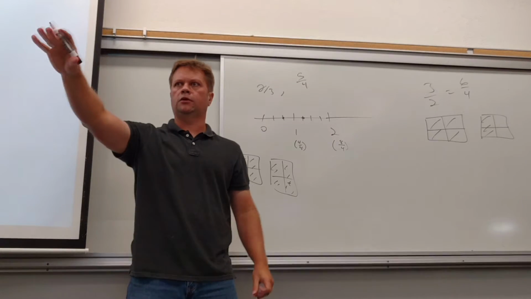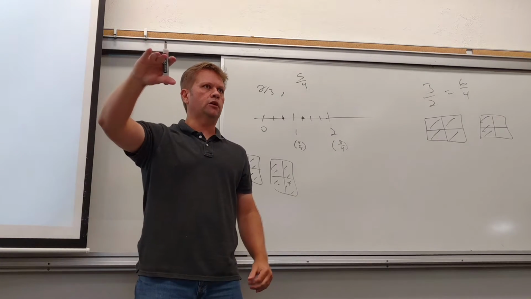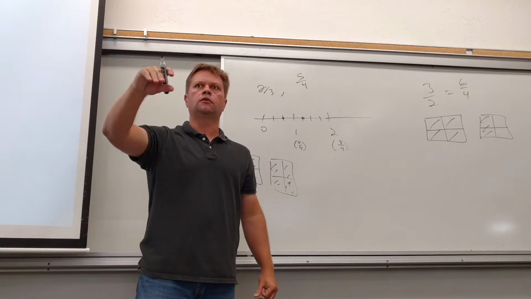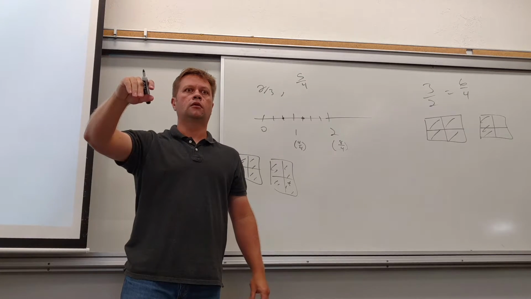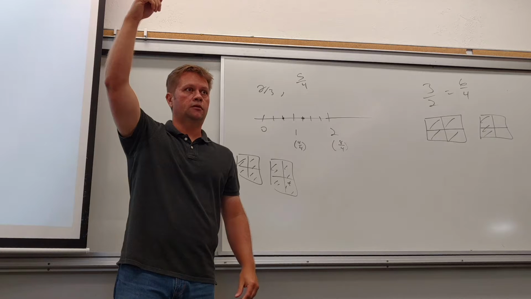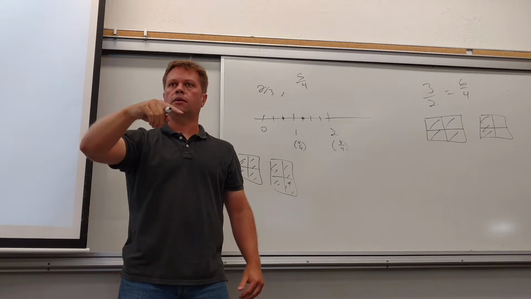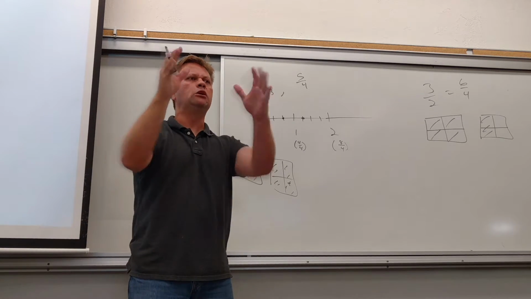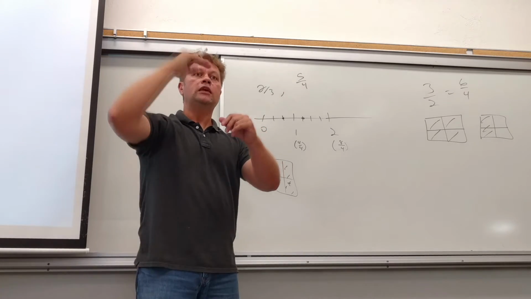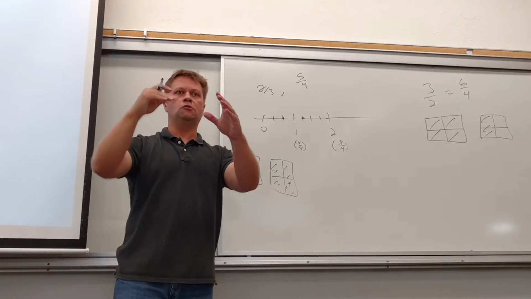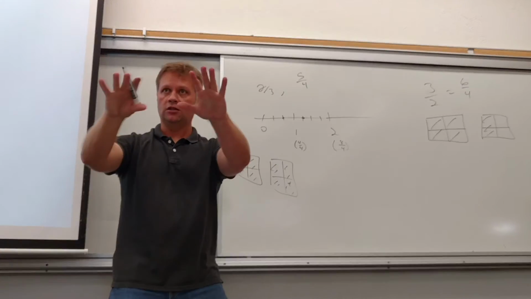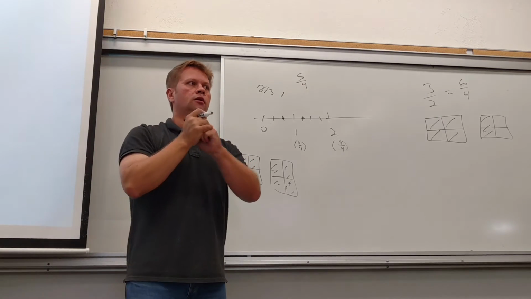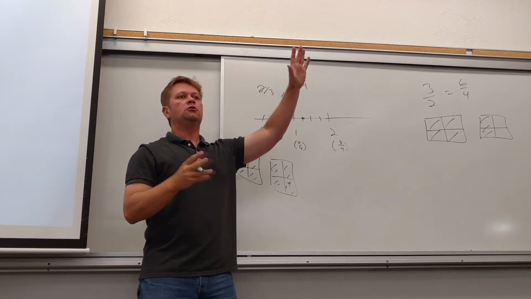How do I know 5/4 is bigger than 1? Because the top is larger than the bottom. How do I know it equals 1? If the top equals the bottom. How do I know it's less than 1? If the top is less than the bottom. Okay, good. So 5/4 is just a little bit bigger than 1.